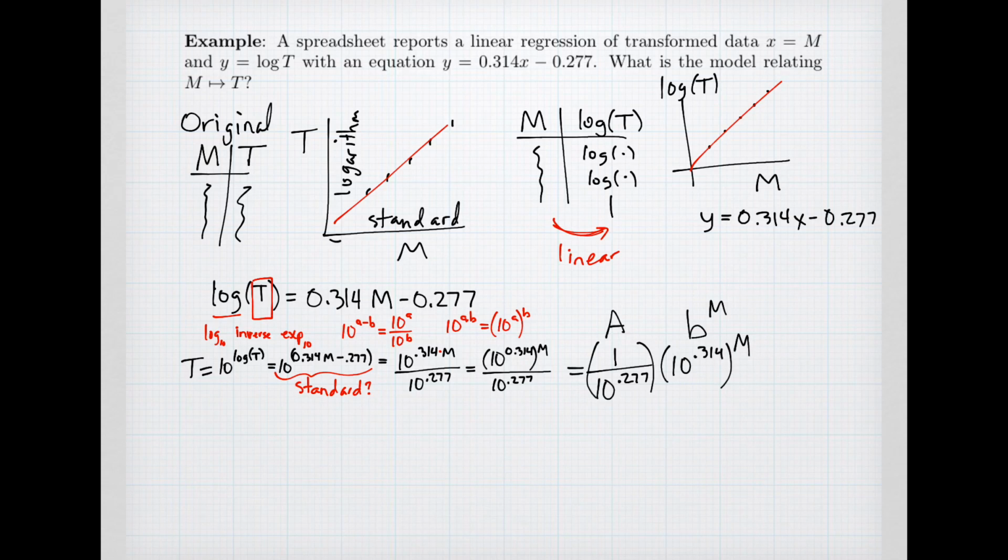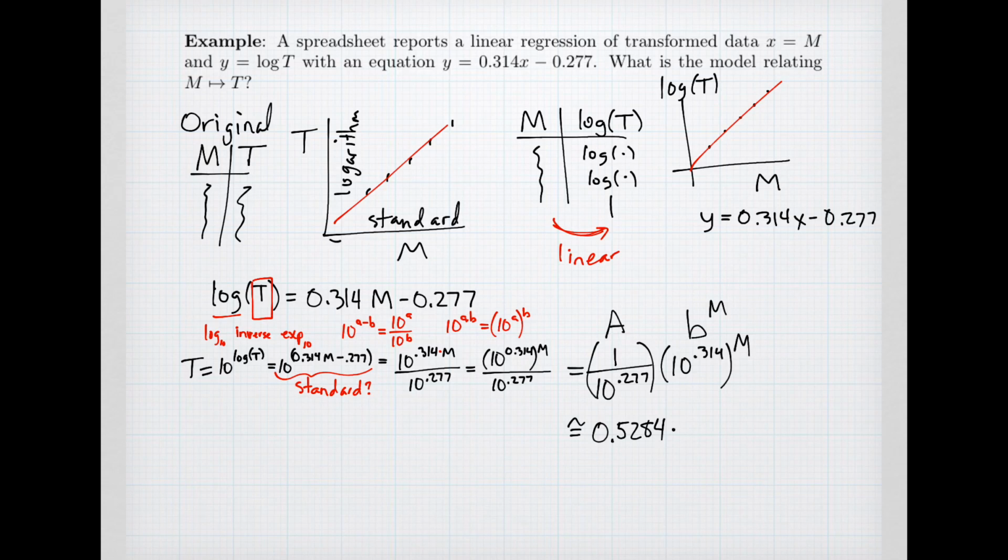And if I wanted to get a decimal value for those, I would just plug them into my calculator. 1 divided by 10 to the power 0.277 is equal to 0.5284 approximately. So we should say approximately equal.